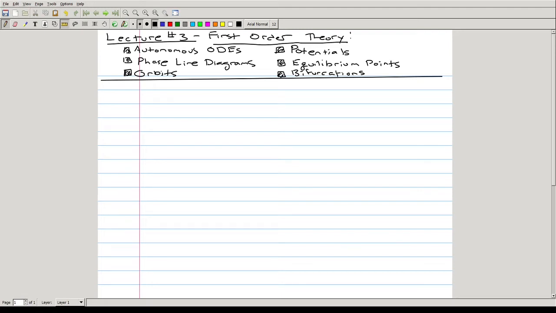Today we're going to continue on with our first order theory, and we'll talk about a number of different topics for finishing up the sections on first order differential equations theory. Many of the things that we'll be studying today we're going to expand upon and extend to the higher dimensional case for systems of first order ODEs.